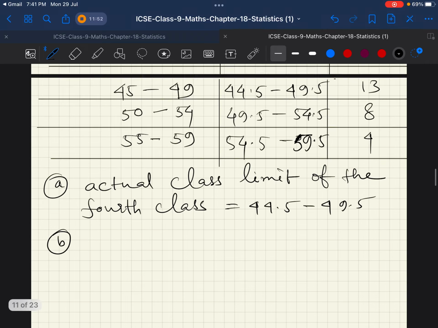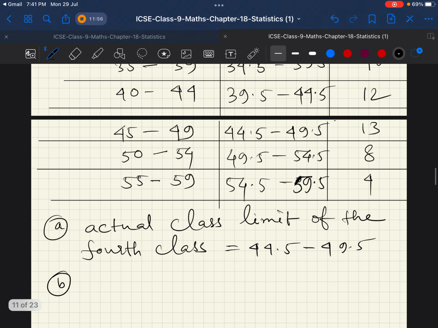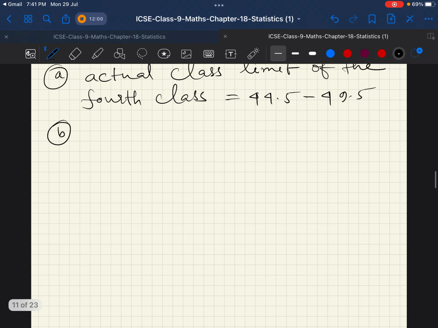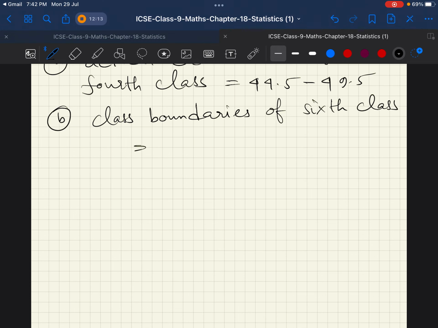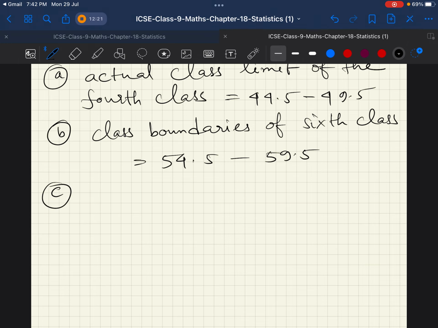Now the class boundaries of the sixth class. The sixth class is 55 to 59. Here the class boundaries of the sixth class are 54.5 to 59.5.